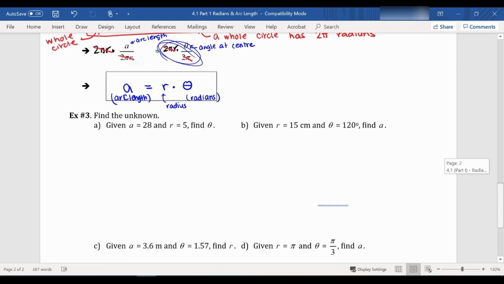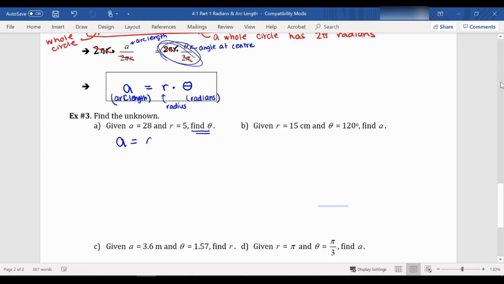So we're going to try a couple of these. Given our unknown here, we want to find theta. A is 28 and R is 5. So we know A equals theta times R, or R times theta. It doesn't actually matter which order you go in. A is 28, theta we don't know, and R is 5.